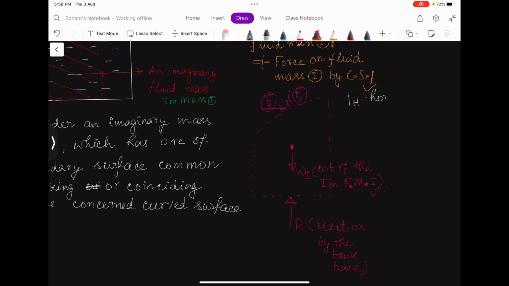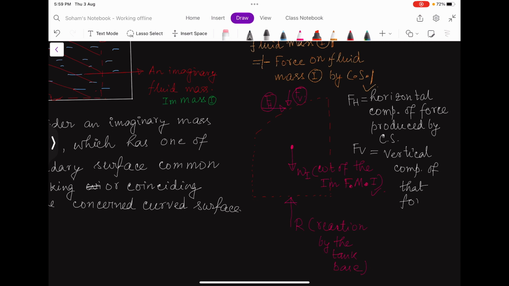So this Fh and Fv are nothing but: Fh is the horizontal component of the force produced by the curved surface, and Fv is the vertical component of that force.